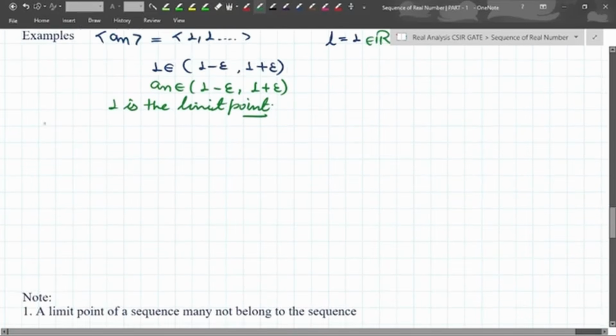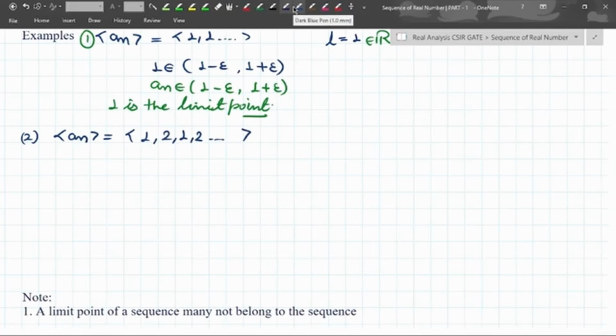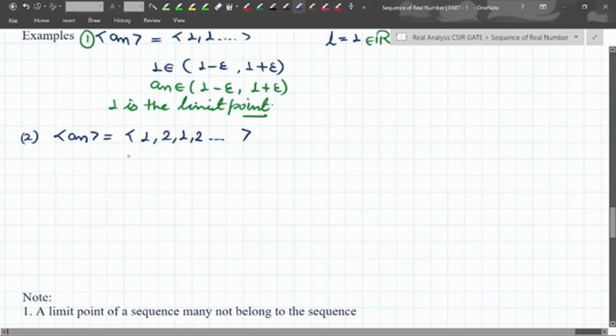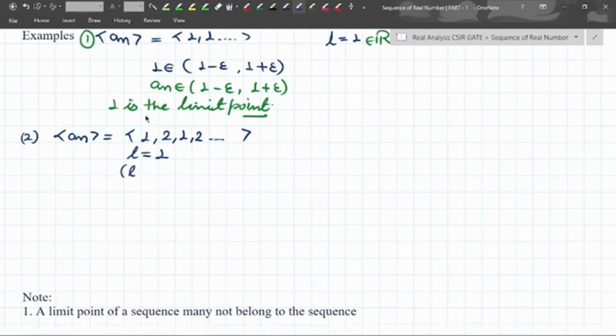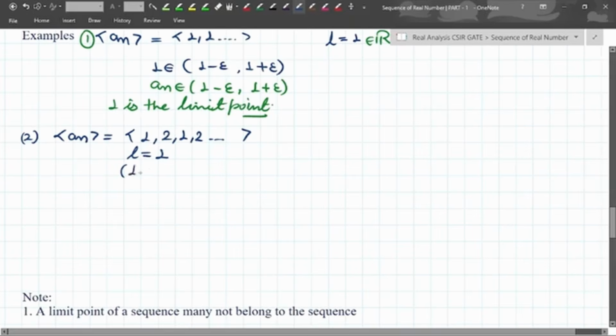This is the first example, and if I take a second example, a sequence is given: 1, 2, 1, 2. Now see what the limit point of this is. For example, if I take L equal to 1, then the interval is 1 minus epsilon, 1 plus epsilon.